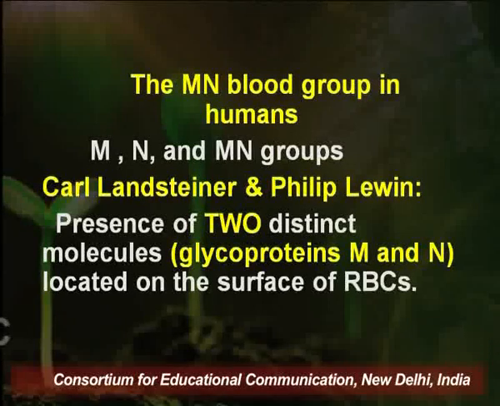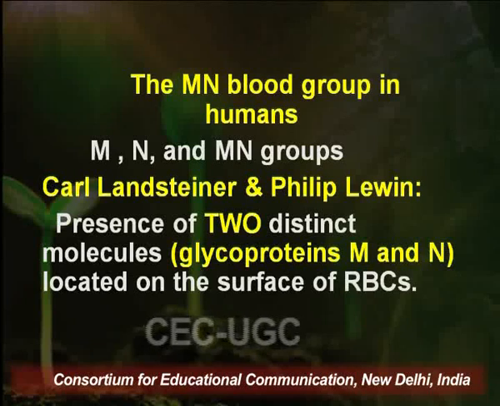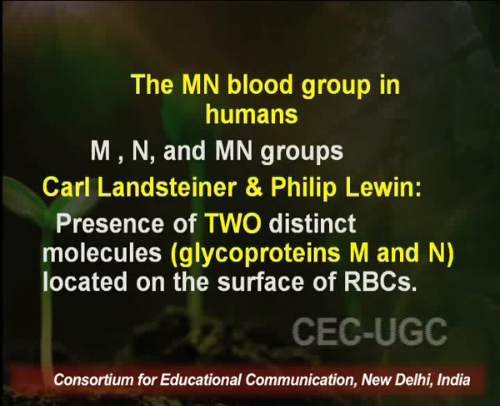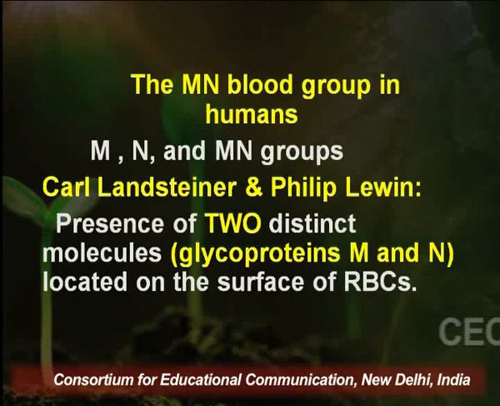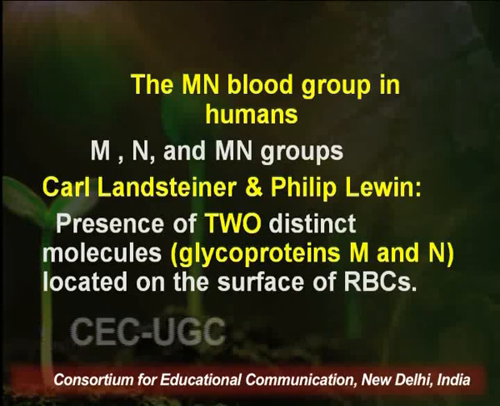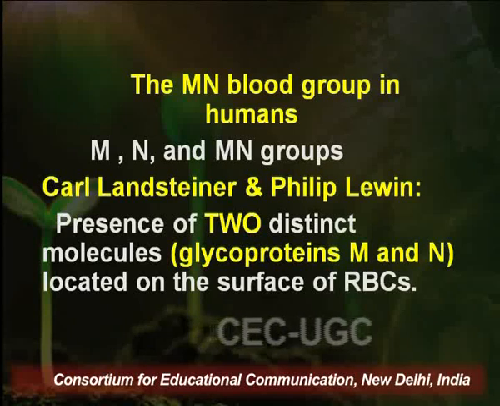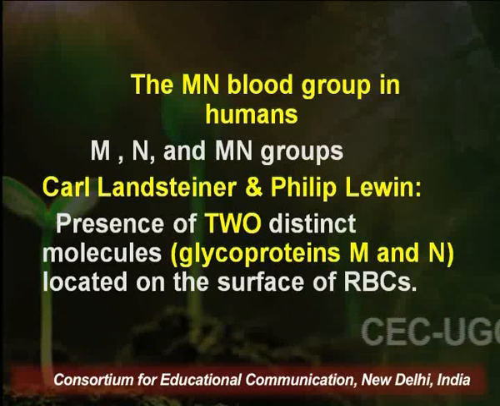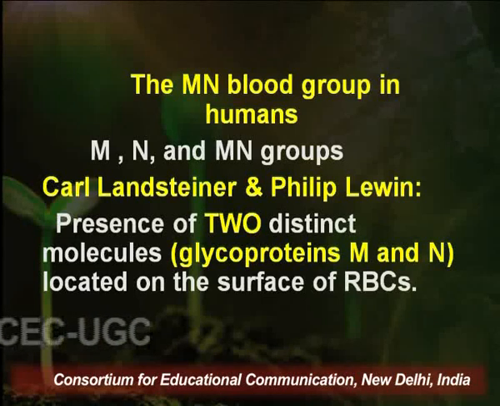A study of codominance without the MN blood groups in humans seems to be absolutely incomplete. Now, this is a blood group which is not as prevalent as the ABO group, which we are going to study subsequently, but it is still very important because it occurs in some populations of the world.